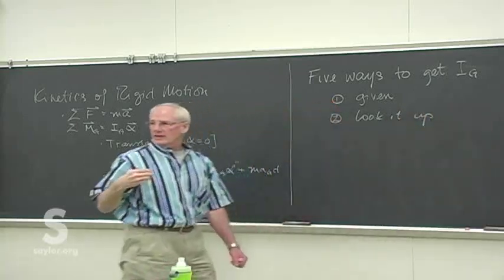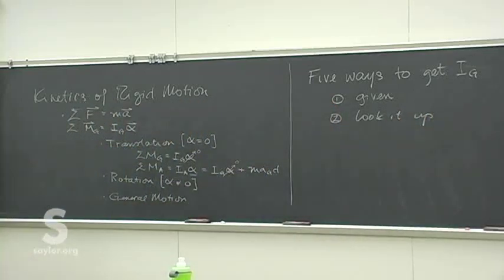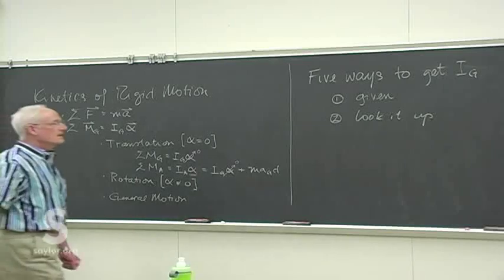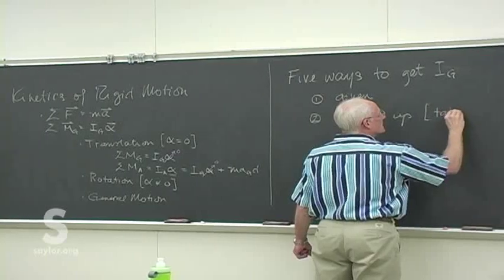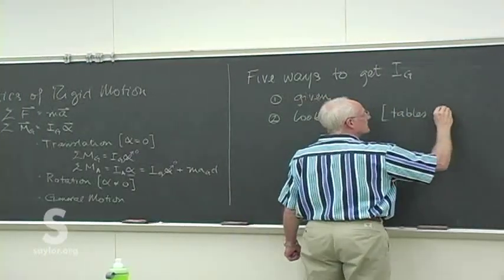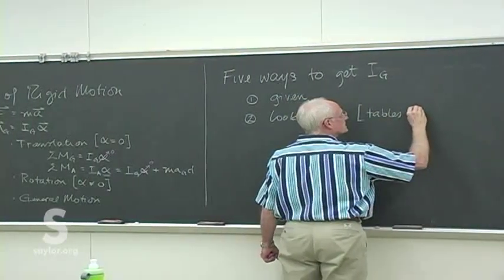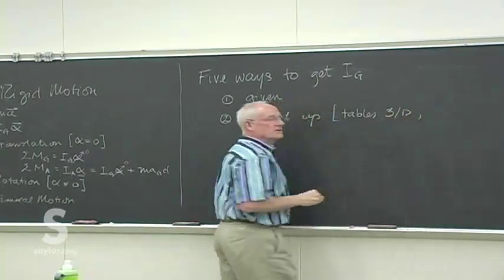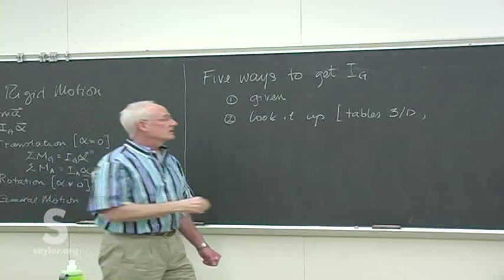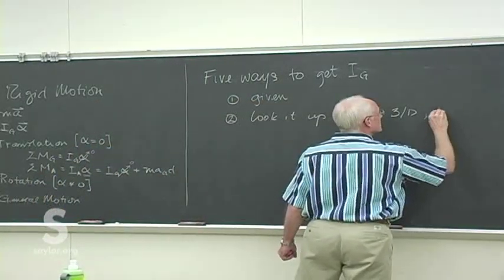If we're working with a regular shaped body, then it's just in the tables, and you've seen those before. We have 2D tables, and 3-dimensional tables for 3-dimensional objects is table 4D.